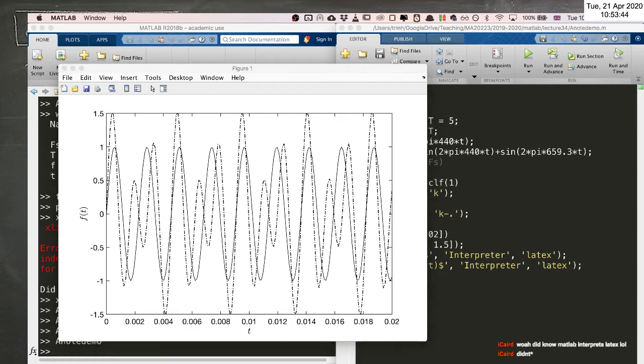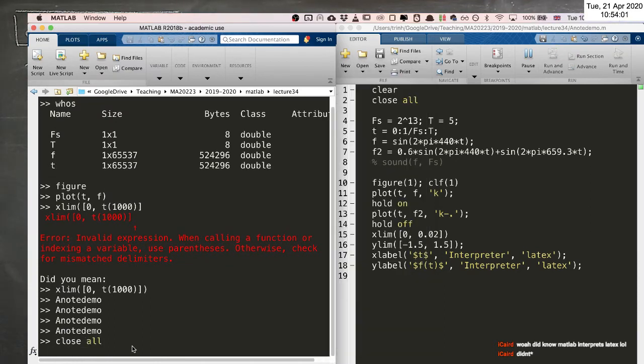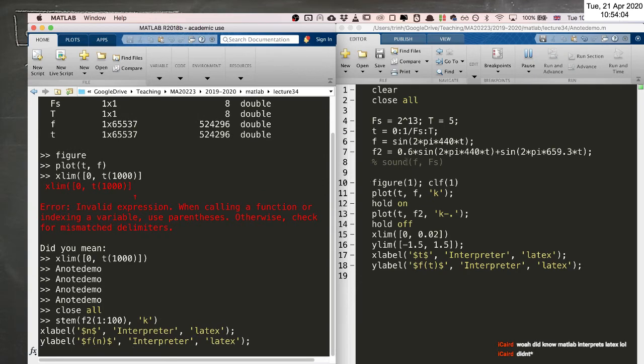Now, there are other ways of representing this kind of graph. For example, you can plot things using a stem plot. But I think this is just more for curiosity's sake.